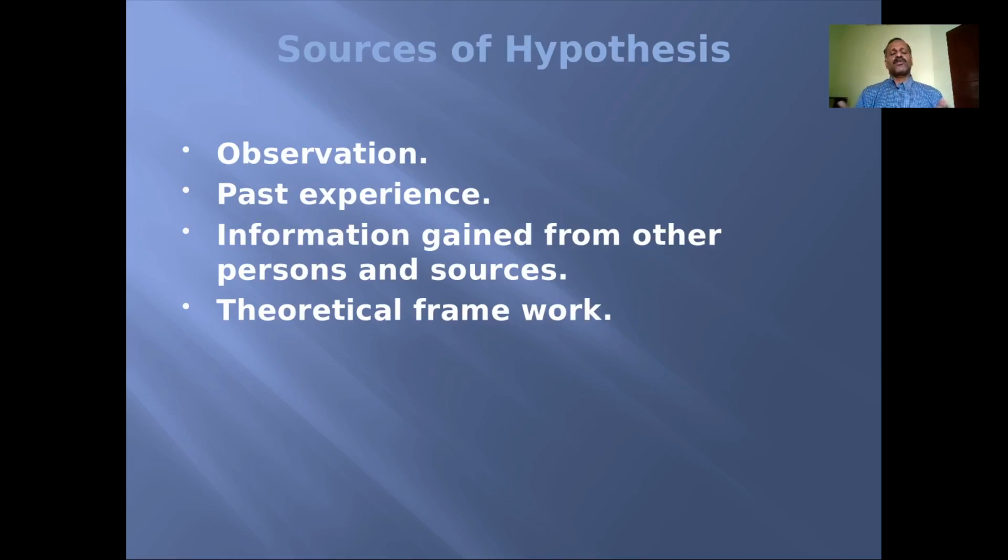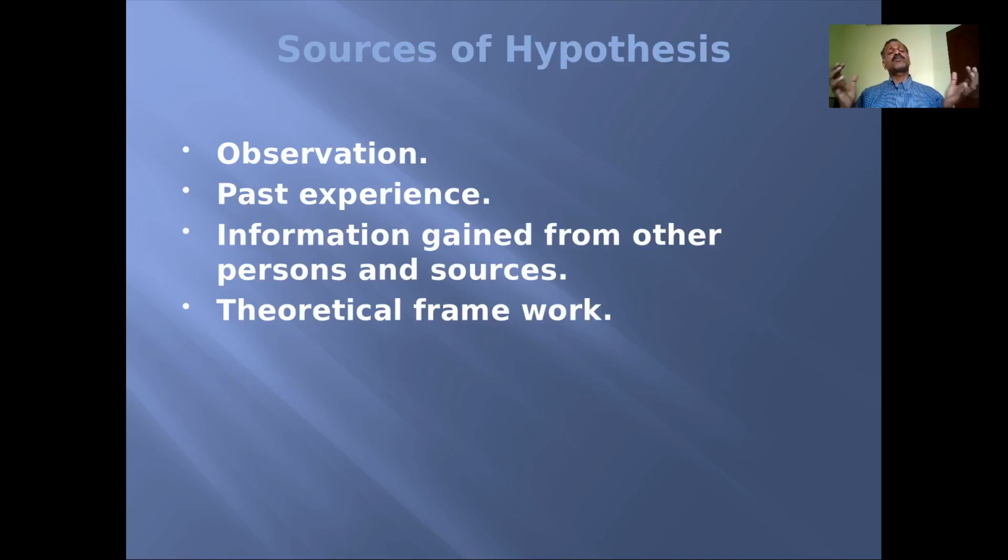Then we can formulate hypothesis with the help of a theoretical framework that also will give us guidance and direction. So in order to formulate a good hypothesis, that's always from experience and our observation.